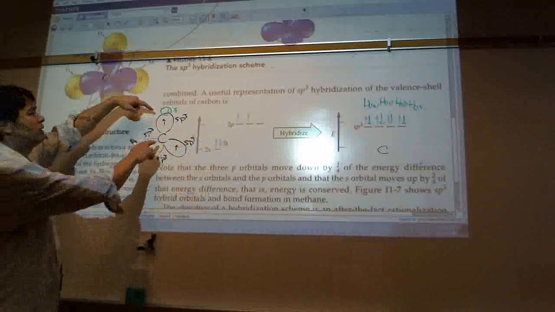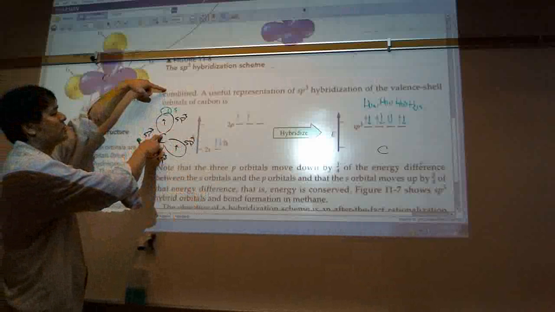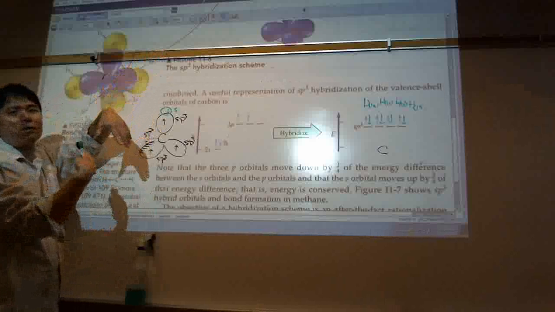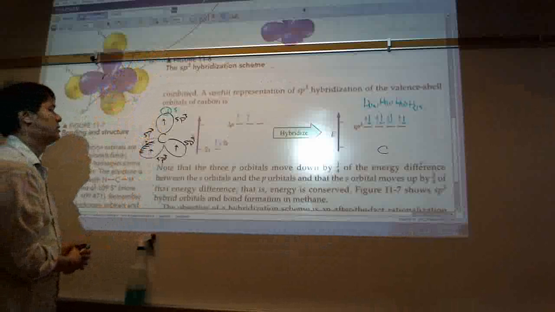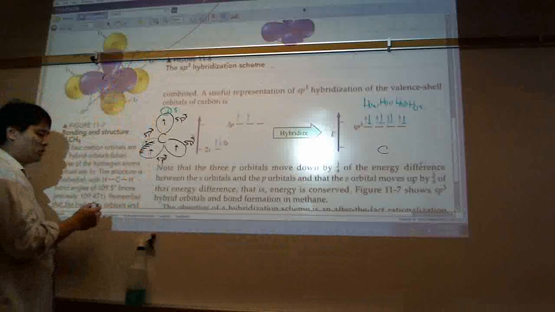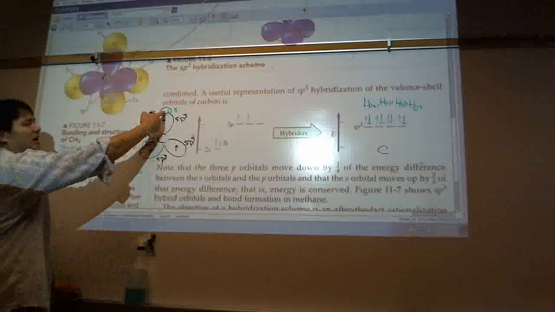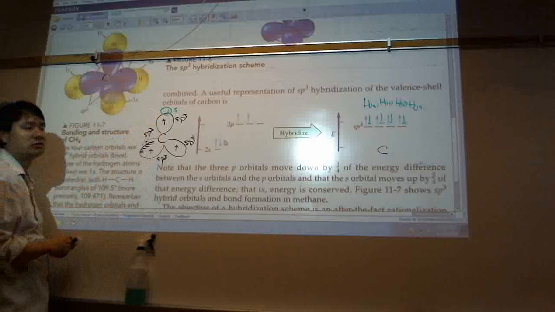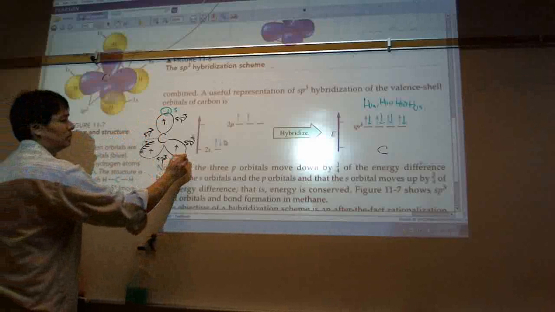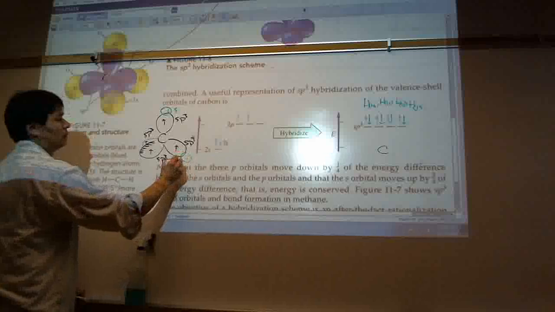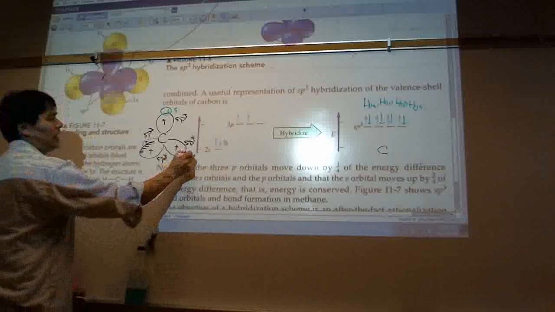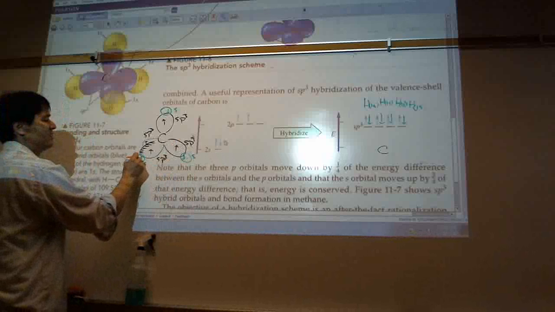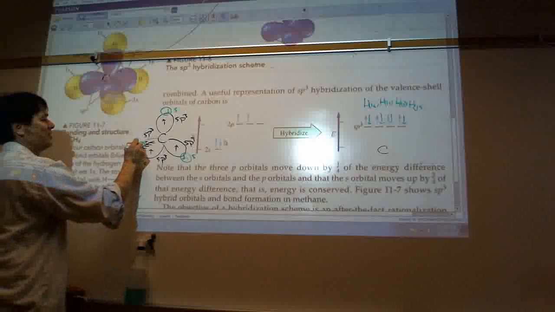Yeah, like a 2 sp3 is this big, a 3 sp3 is this big, a 4 sp3 just grows bigger, just like a 4s, a 5s, a 6s. And so what kind of bond is this? This is called an sp3 sigma bond. This one is an sp3 sigma, sp3 sigma, and sp3 sigma.